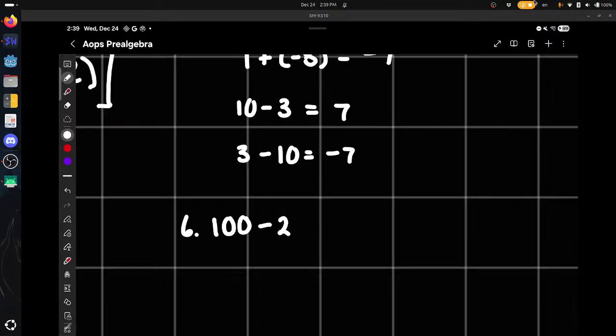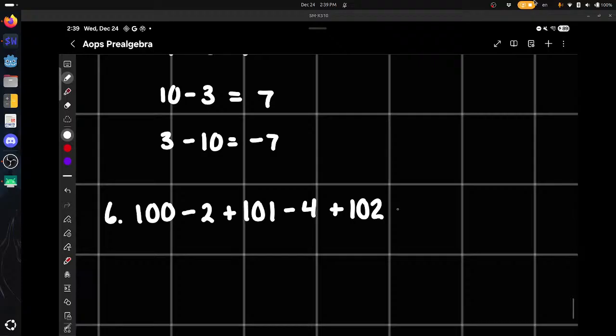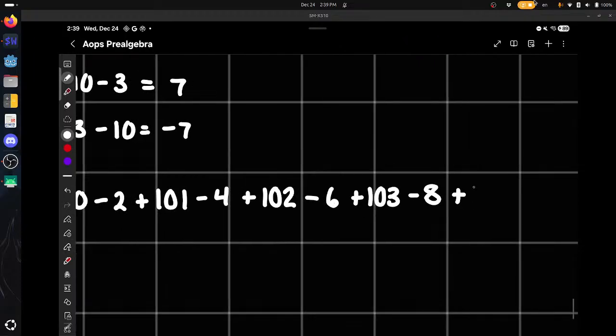Guess I gotta write it down. 2, 6, 3, 8, 4 minus 10.